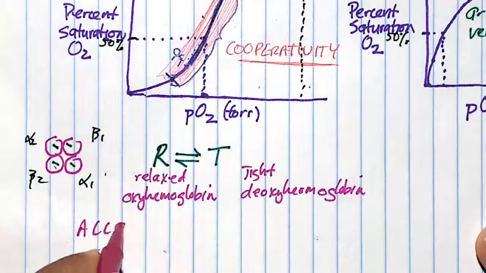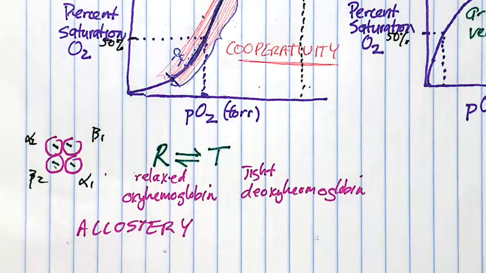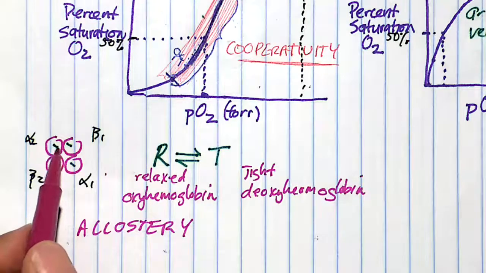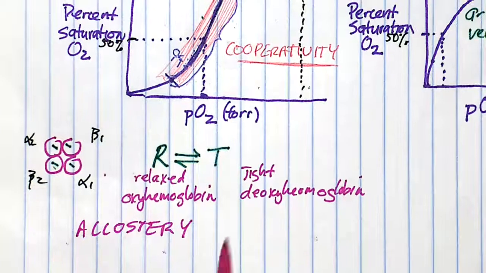In your homework, I gave you an assignment to look at your book and describe the different models of allostery. There's the Monod model and the Koshland model of allostery, which tell you how cooperativity gets translated across subunits. So allostery is very important.